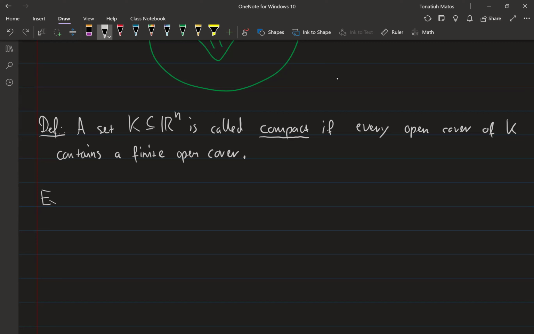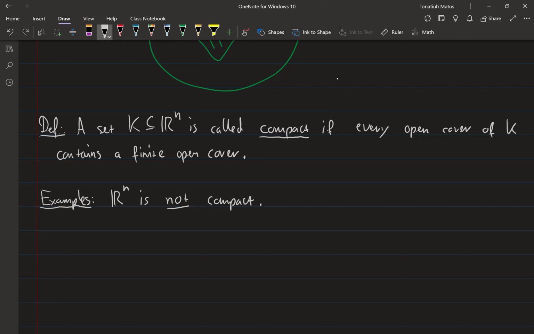I can easily give you examples of sets that are not compact. So examples. Rn, which is the total space, is not compact, and I can easily prove to you that it is not compact. To prove that something is compact, you need to show that every open cover has a finite open cover.